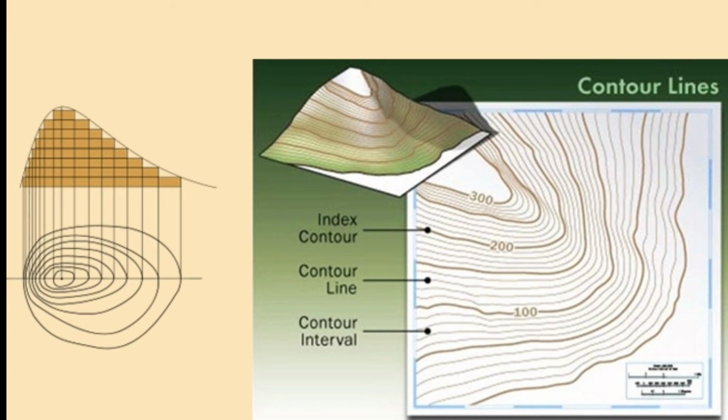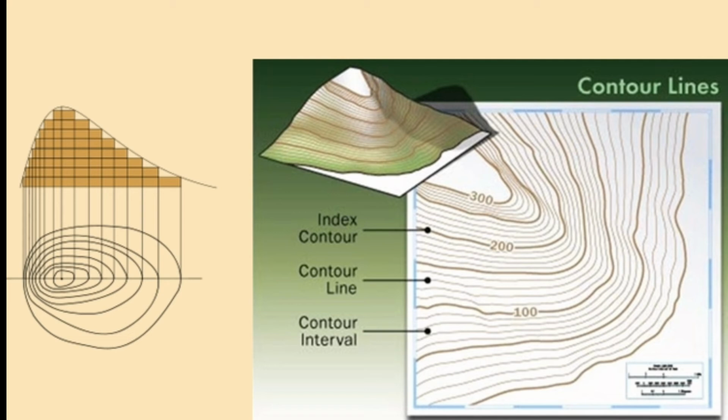Depending upon the landform. It's not compulsory that everywhere the level of the land should be equal or the same. In some areas, it will be high. In some areas, it will be a slope. So, depending upon the landform, the contour lines will be irregular in shape.